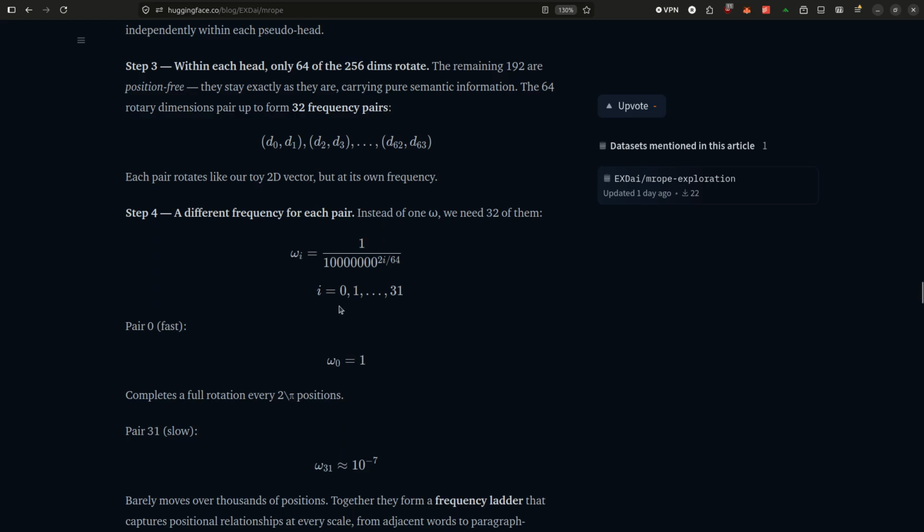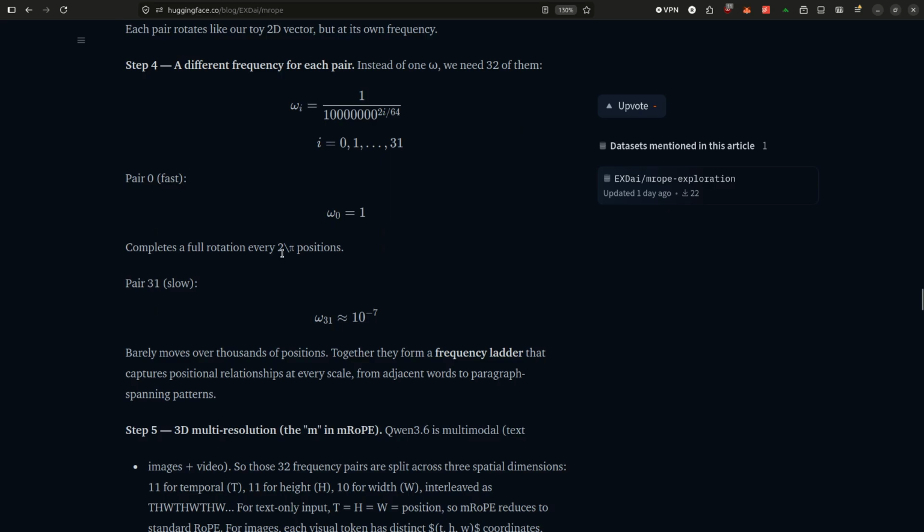And you basically get 32 such rotations. If you set i equal to 0, you get a certain amount of rotation here. If i is equal to 1, you get a certain amount of rotation here. If i is equal to 2, then the next. And finally, this last pair of dimensions has 2 times 31, so that's 62 divided by 64. Okay?